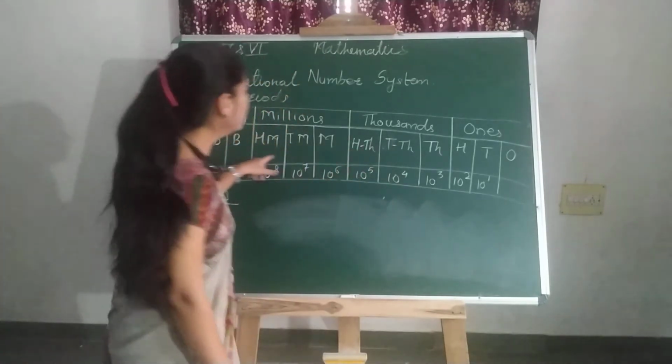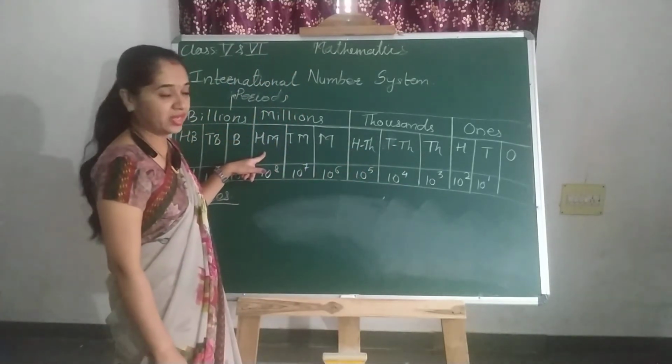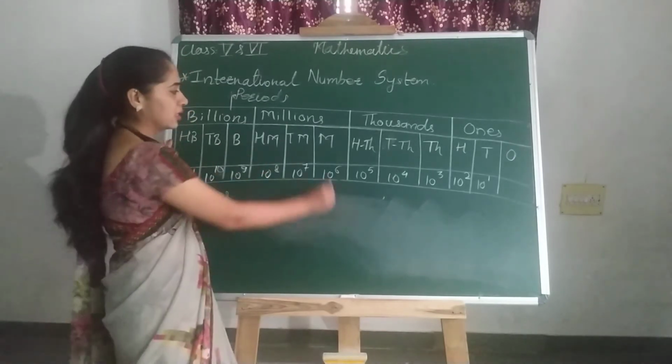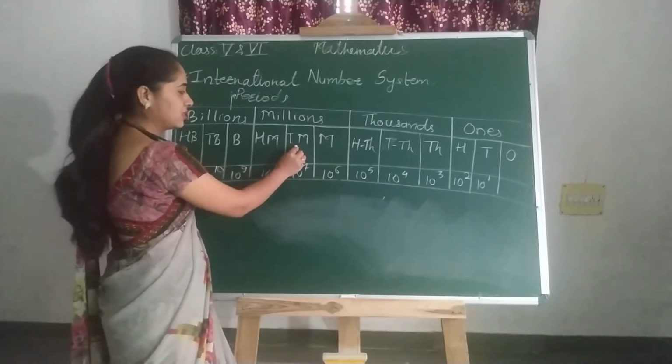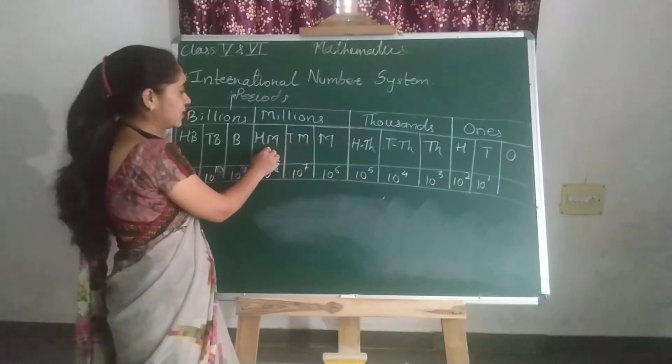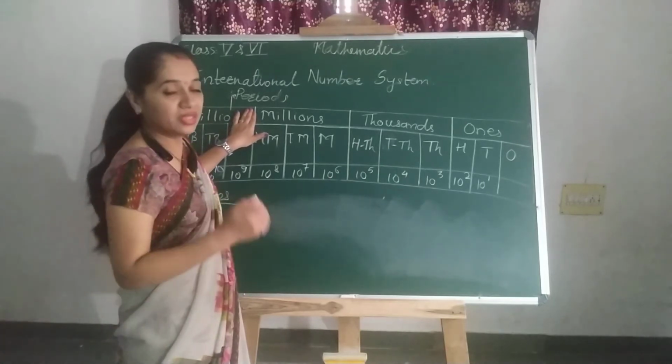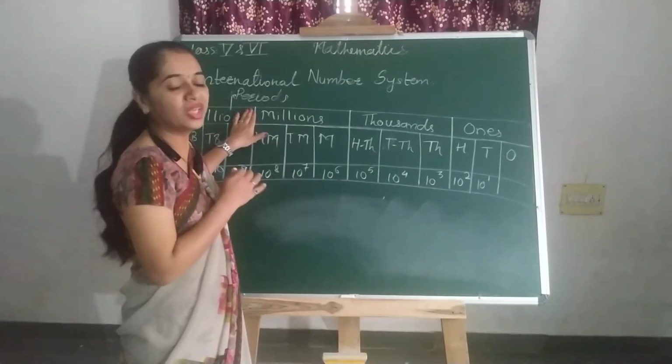Then you have the millions period, which again contains 3 places: millions, 10 millions and 100 millions. Up to this millions period, the international number system of class 5th is over.